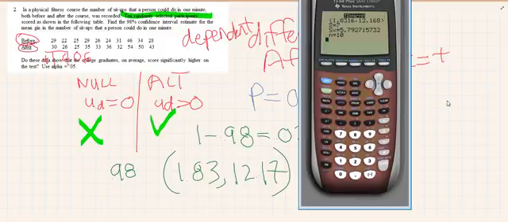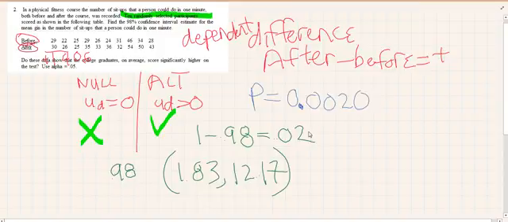And so, based on this information, if we ran this test repeatedly with 98% confidence, we would get a net increase of positive 1.83 to 12.17 sit-ups per minute.